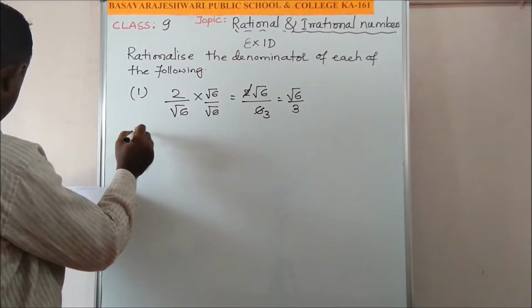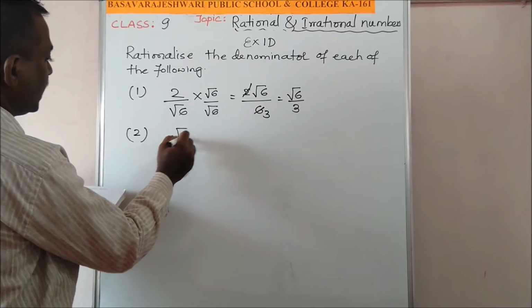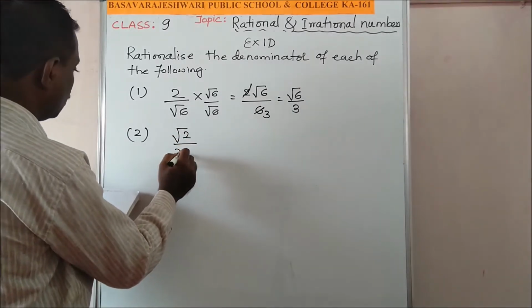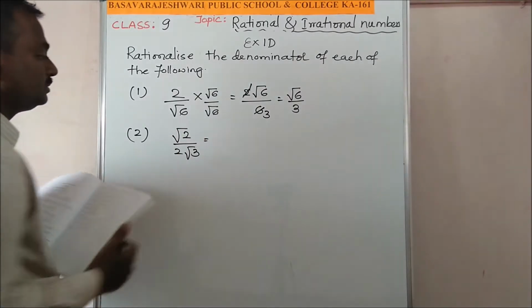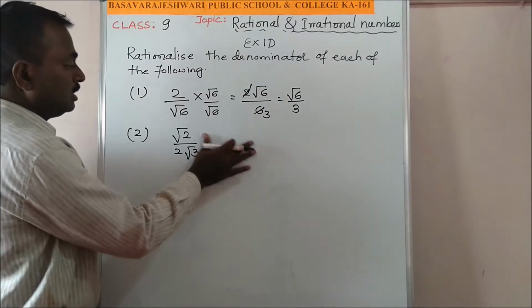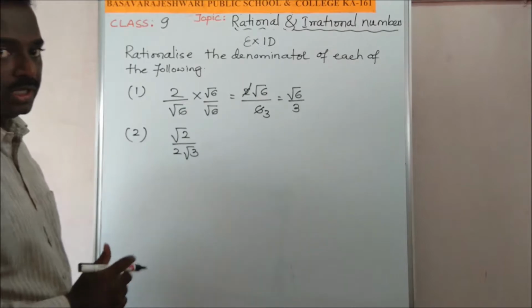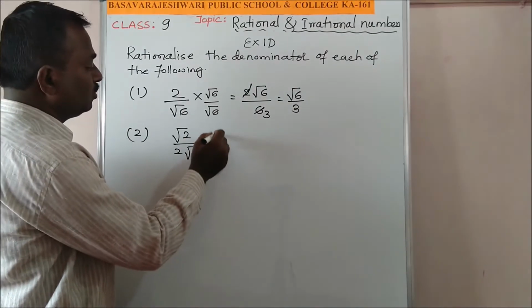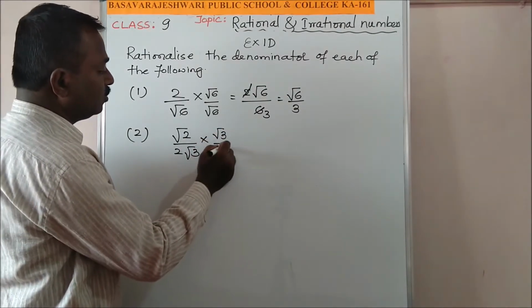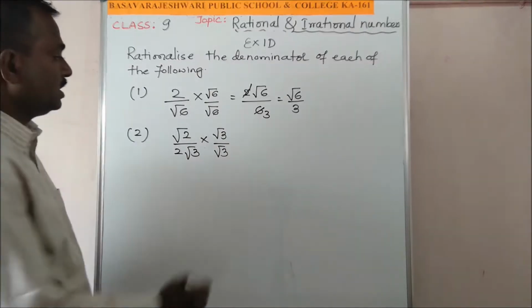Second, root 2 by 2 root 3. Correct? So 2 root 3, therefore, into root 3 by root 3. So what happens?